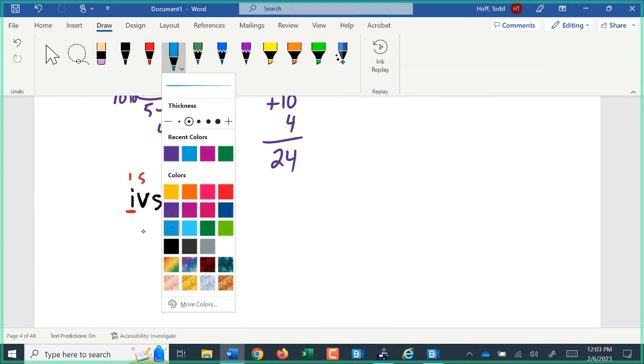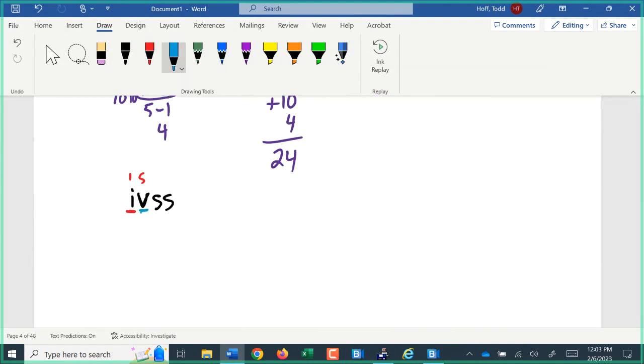That is a negative. So the V is a positive, but it works with the 1. So the I and the V work together to be 5 minus 1, or 4. SS, even though it's 2 letters, it is a single value. That is 1/2. So that codes to be 4 and 1/2 in our Arabic numerals.